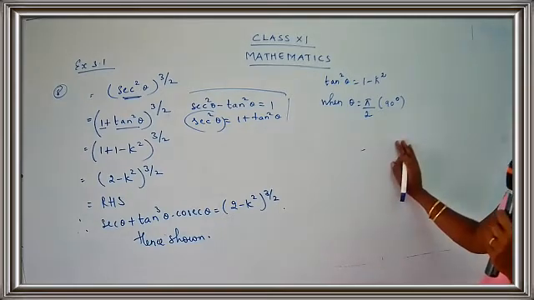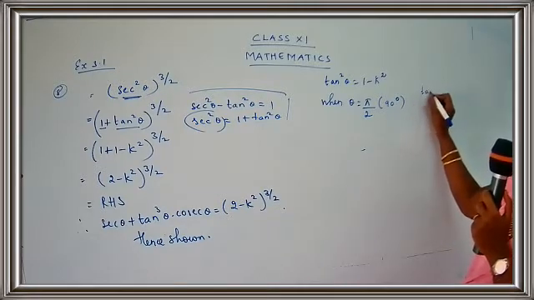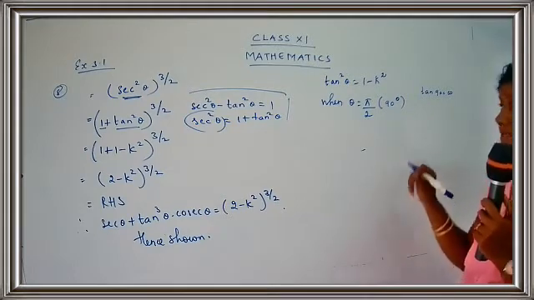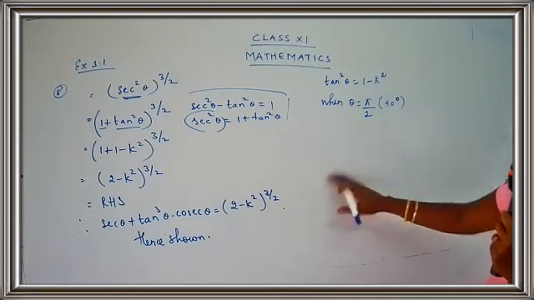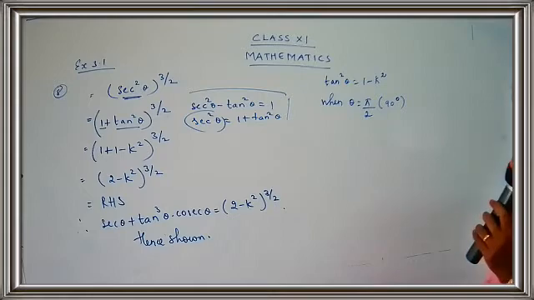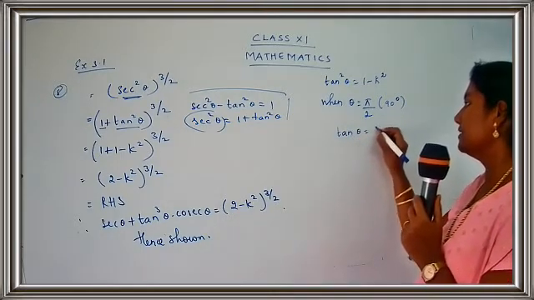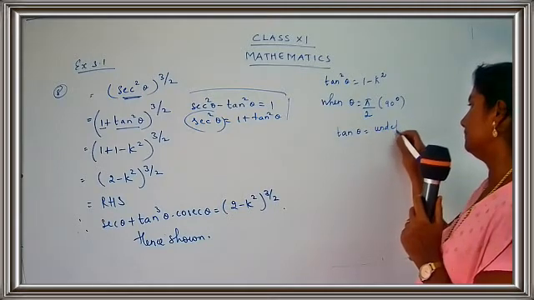So when theta is equal to pi by 2, that is 90 degree, what about tan 90, children? We have seen that tan 90 is undefined. Infinity. Yes, tan 90 is infinity, that is undefined. Put here: when theta is pi by 2, tan theta is equal to undefined.